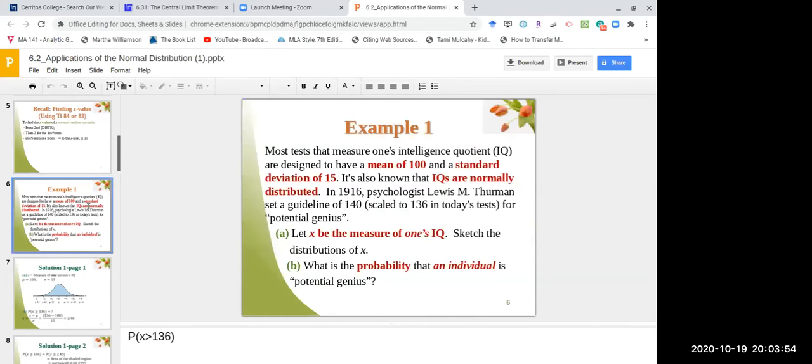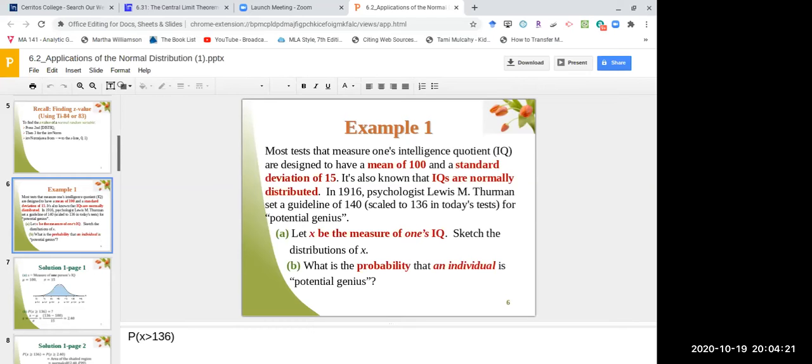This is on slide 6. I believe there are 26 slides for this week. So let me take you to this example and let's look at it. Most tests that measure one's intelligence quotient, IQ, are designed to have a mean of 100 and a standard deviation of 15.